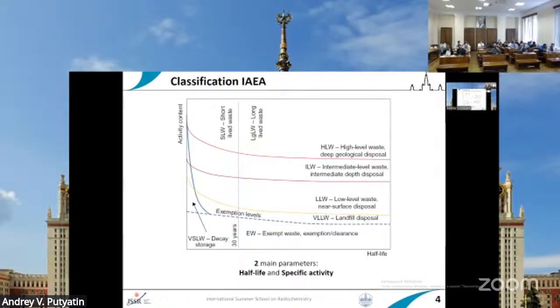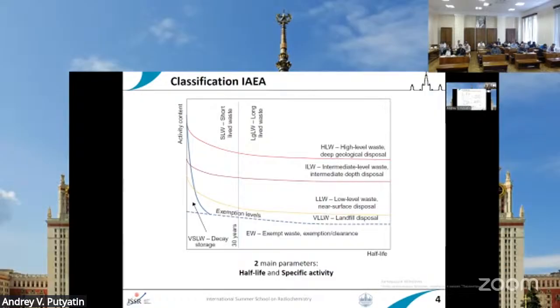There is a border recommended by the International Atomic Energy Agency between the short-lived radionuclides and the long-lived radionuclides. It is 30 years. For example, in Russian law, this border is 31 years because strontium-90 has a half-life of less than 30 years, around 28.8 years, but cesium-137 has a bit longer half-life, like 30.06 years.